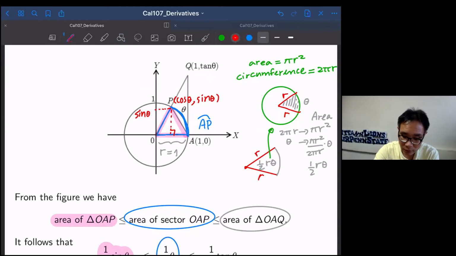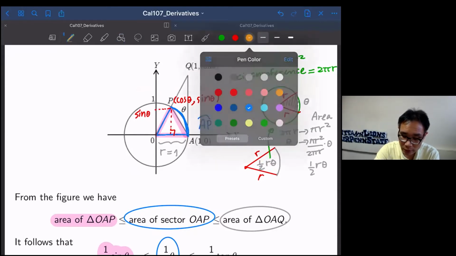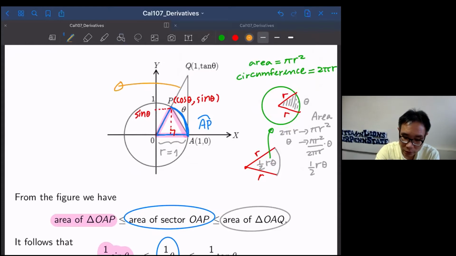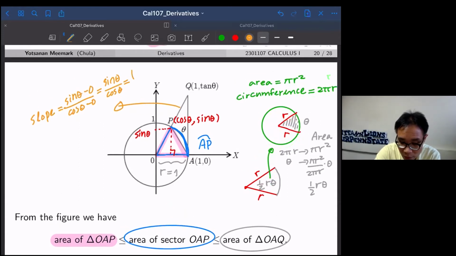Let me explain this one. This one has slope, using the point P here, equal to sine theta minus 0 over cos theta minus 0. So it's going to be sine theta over cos theta, and this turned out to be equal to tan theta.